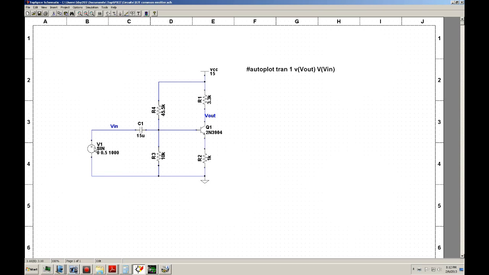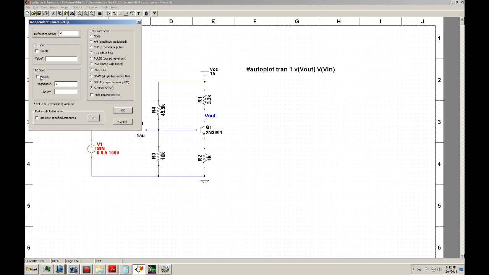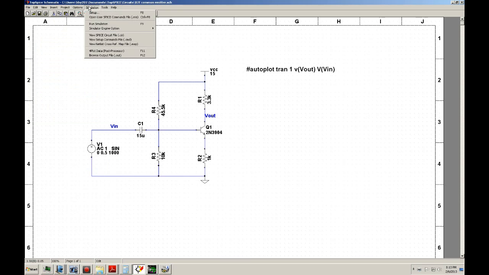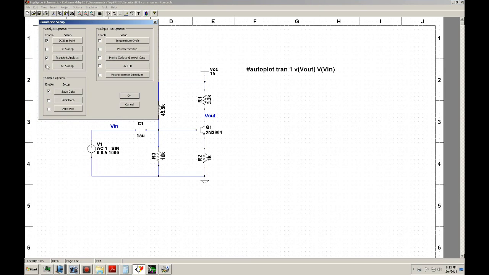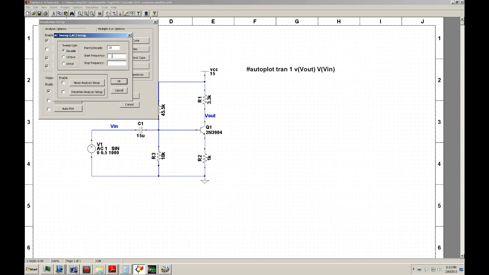Okay, so now he wants to do an AC analysis. So you enable that. Then you do AC. And what's the frequency that he wants to start? No, this is transient. It's the next one.